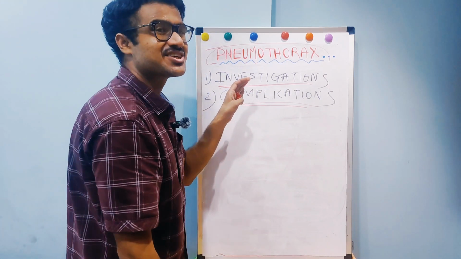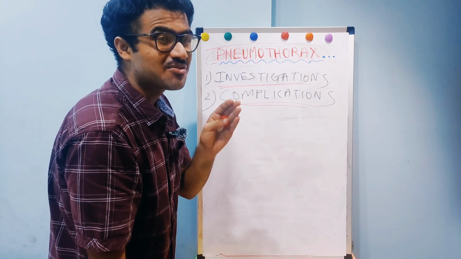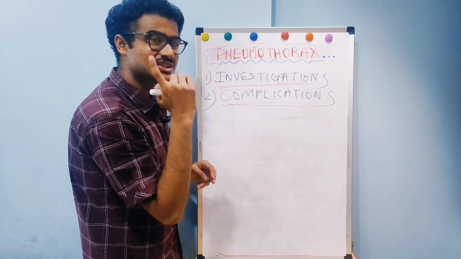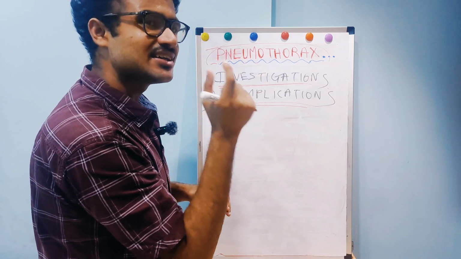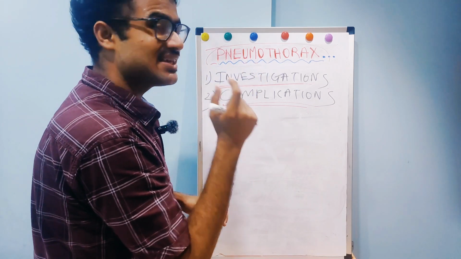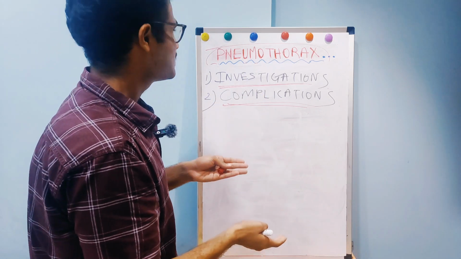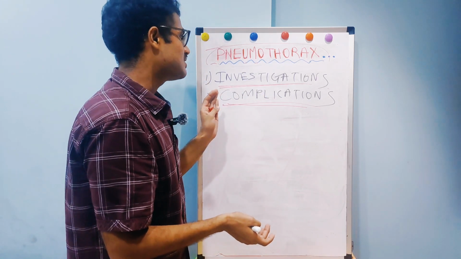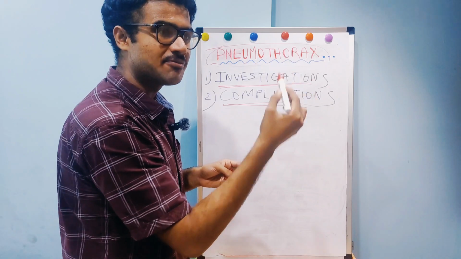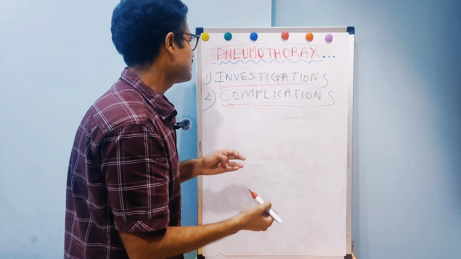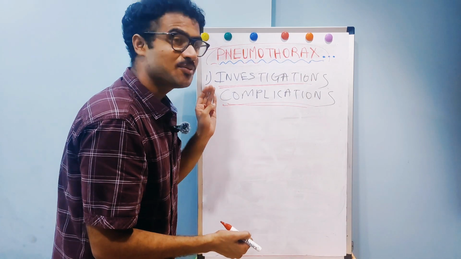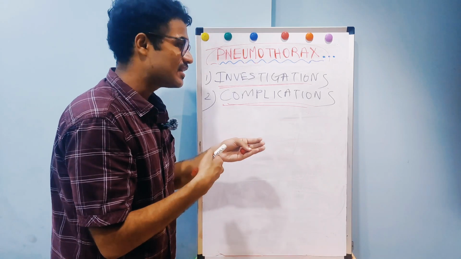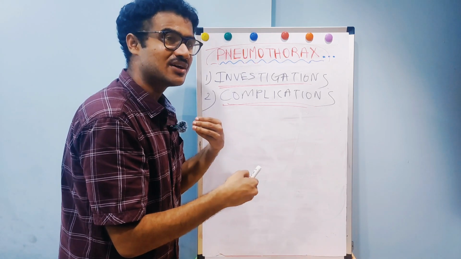So first is investigations. Most important is radiological findings, and there are three. First is the chest X-ray, standard erect chest X-ray. During inspiration we do not take expiratory films, and on chest X-ray we can see the sharply defined edges of the deflated lung, and also you can see absent bronchovascular markings between the edge of the lung and the chest wall.